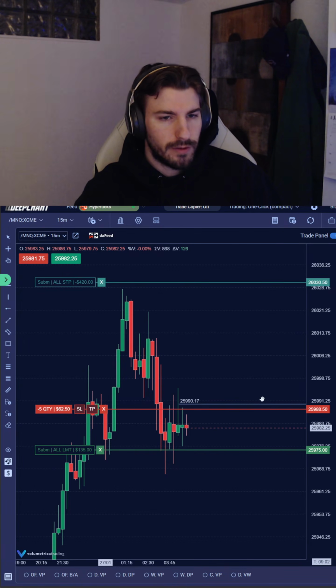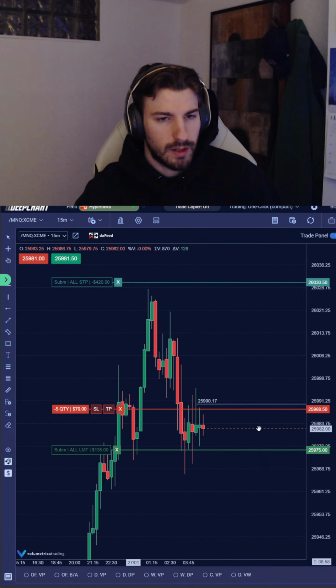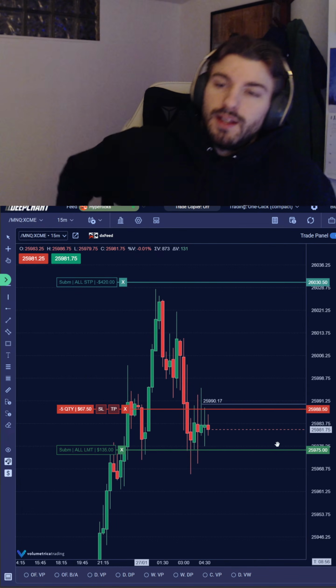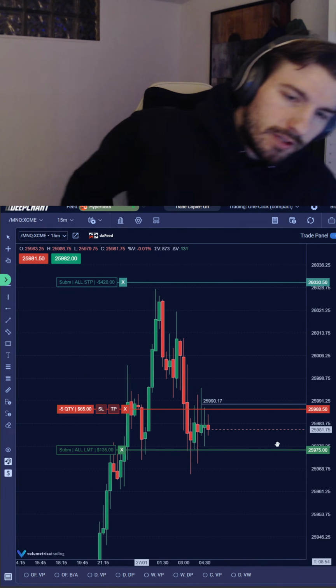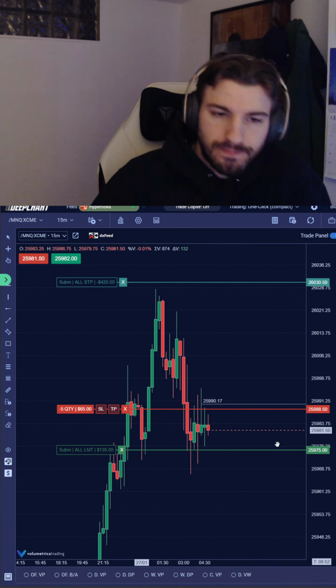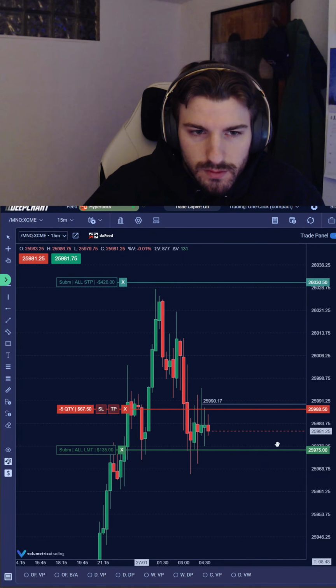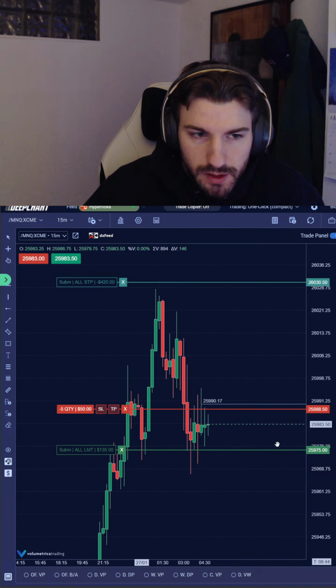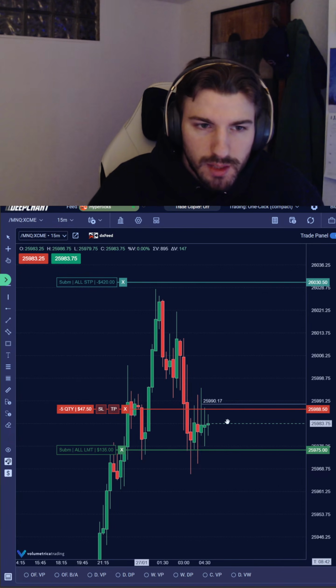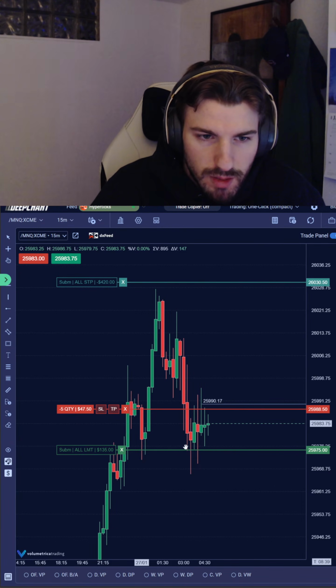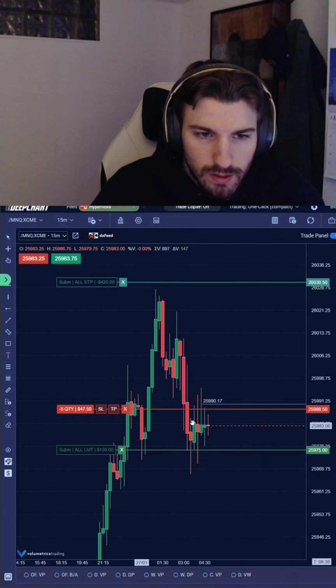We just opened a new 5 minute. We're starting to drive down. The 15 is flipping bearish, but price action is being very annoying, being very slow. So there's not much to analyze other than the fact that price is being pushed down here, and it's struggling to get a buyer.